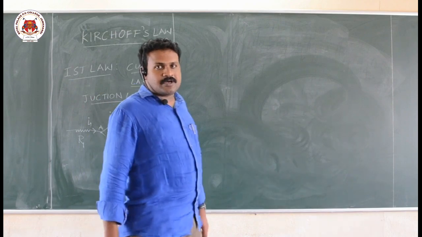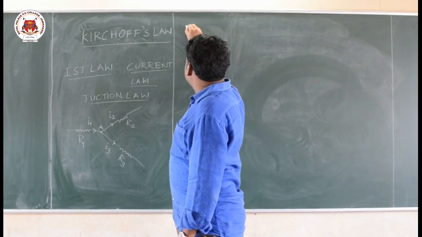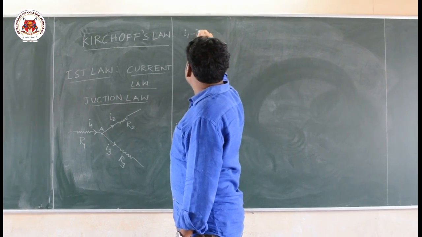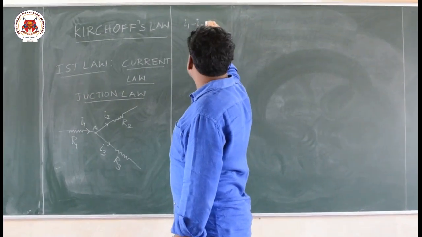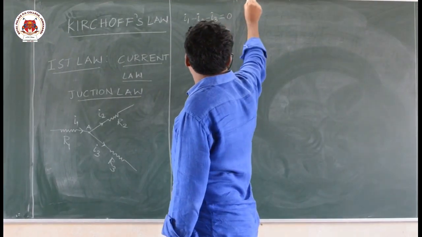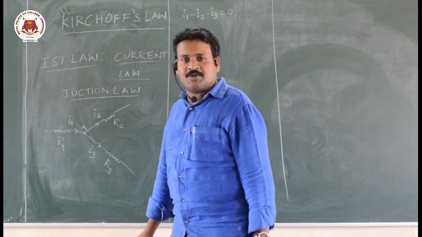According to this law, I1 minus I2 minus I3 is equal to 0. The algebraic sum of all currents at a junction is equal to 0.